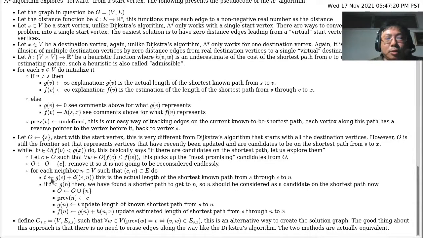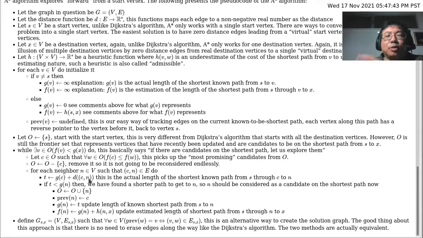The next step is very similar to what we were doing in Dijkstra's algorithm, except this time we have to take into consideration the heuristic function. In this case I use a temporary variable t to add g of c and d of cn.